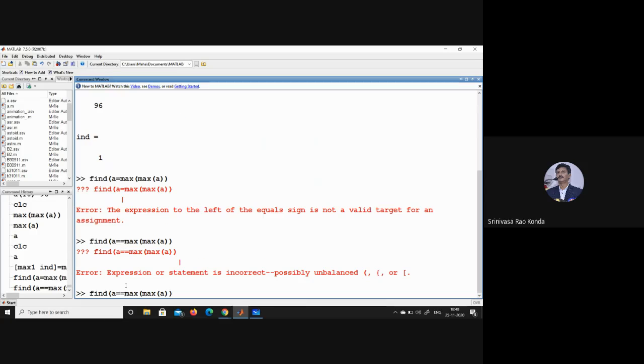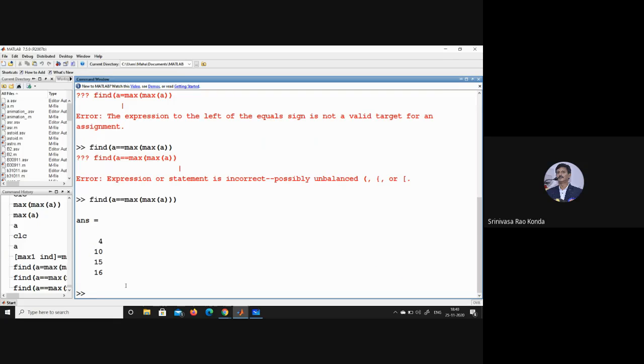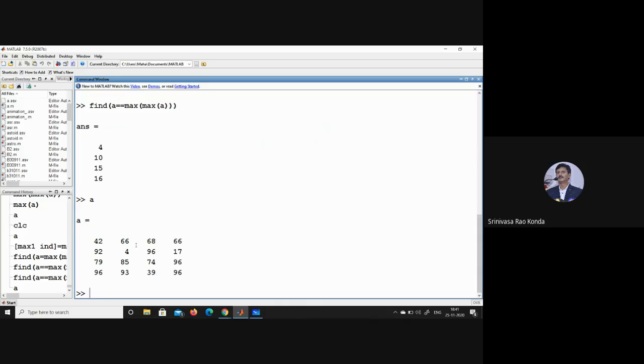One more bracket is missing. Okay. Fourth element, 10th element, 15th element, 16th element are maximum elements. Yes or no? Fourth element, 1, 2, 3, 4, 8, 9, 10, 15, 16. Find of A equal to max of max of A.